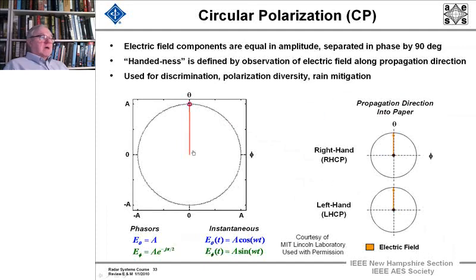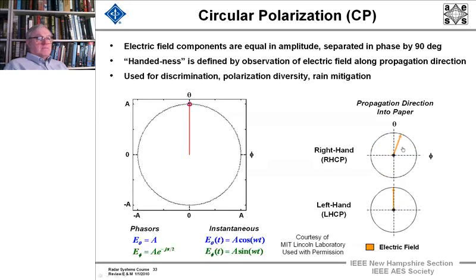Now, the electric field components, as I said, for circular polarization are equal in amplitude and separated by a phase of 90 degrees. The handedness is defined by the observation of the electric field along the propagation direction. And you want to say, well, are you looking at it? Oh, wait a minute. The propagation direction is into the paper. That's right-handed circular polarization.